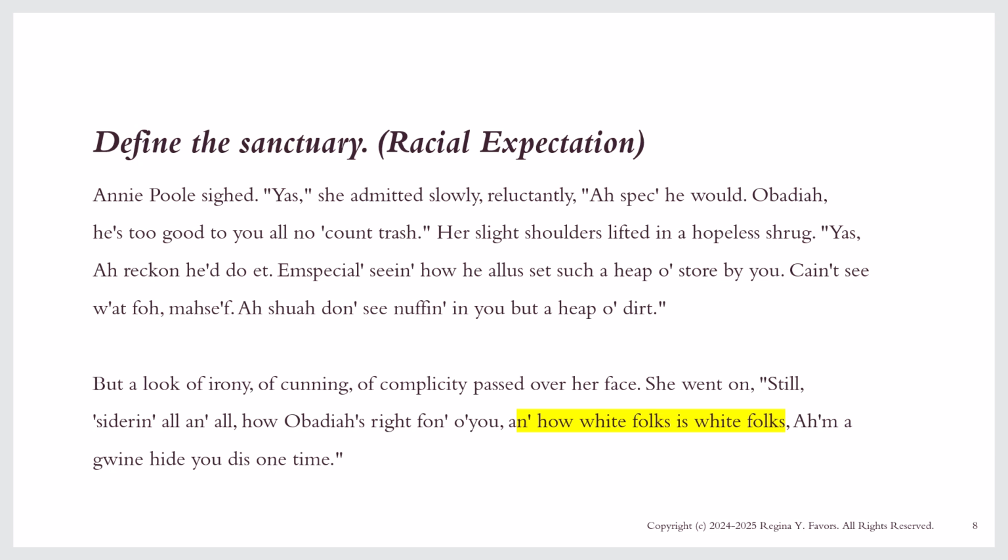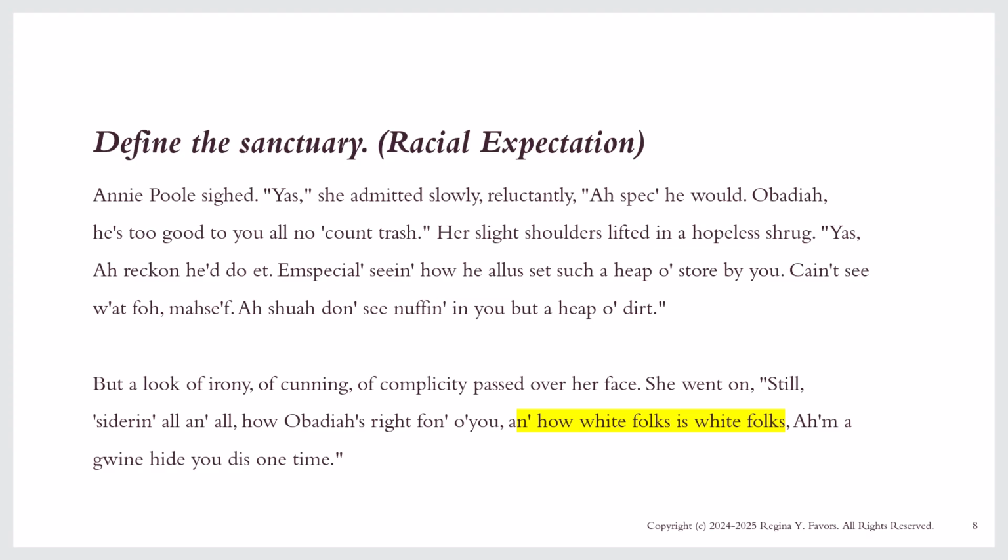White folks is white folks is sort of like a social perception or a racial one. It could be racially perceived, but it could also be socially perceived that as blacks within the South, they understand the exchange or dynamic between themselves and whites. And so white folks being white folks is just essentially white folks are going to do what white folks do.